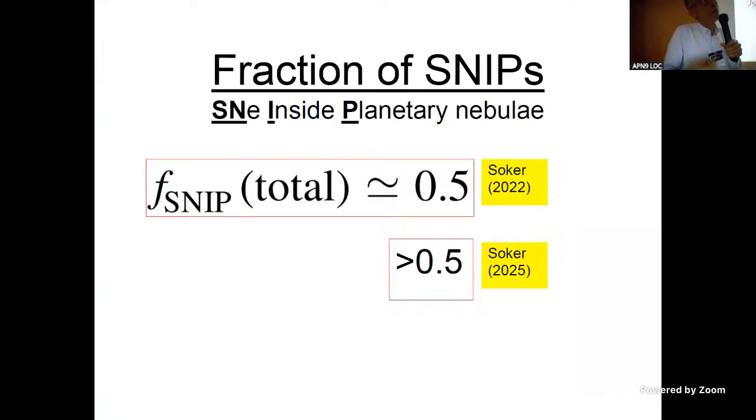I think this is my own view, strongly supported by my wife and kids, that most type 1a explode inside planetary nebulae. I need to convince that community, but remember, in that community there are five different scenarios of type 1a, and each person is personally attached to the scenario he loves, so it's very complicated.